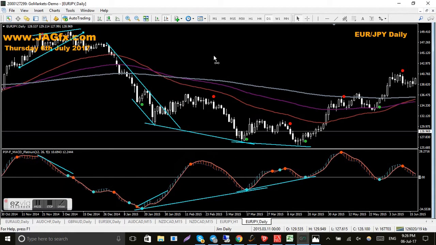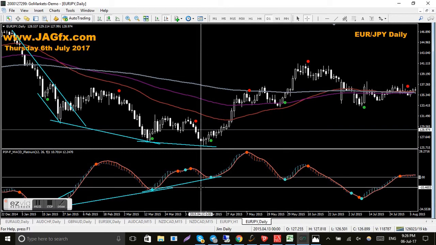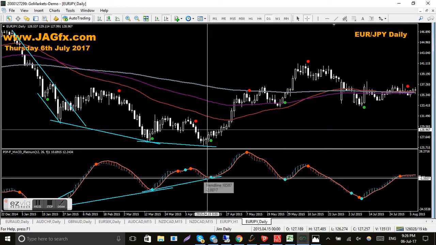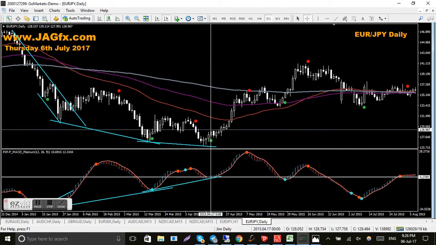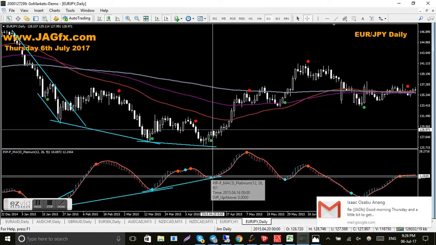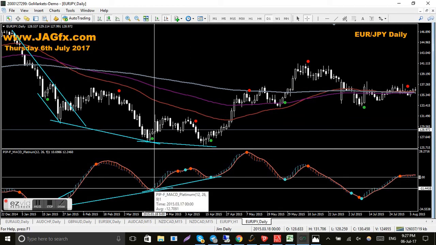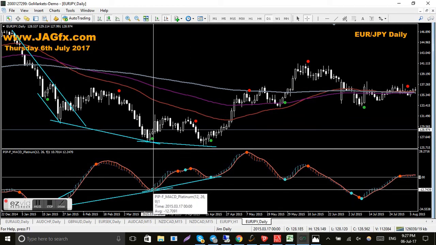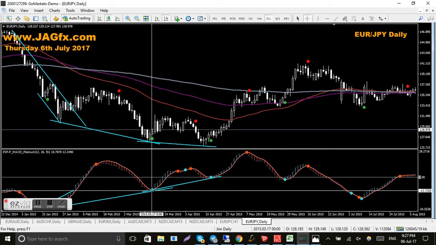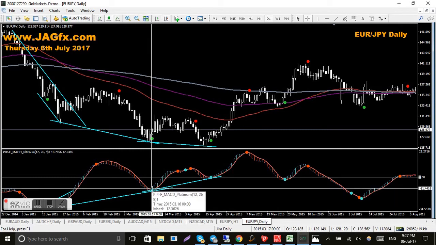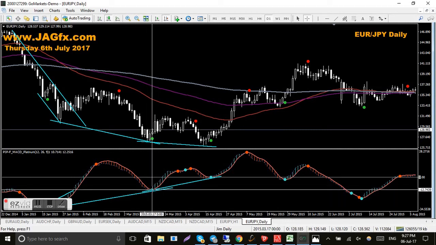The only problem is you have to be careful because price is already at the zero level. But like I say in the book, as long as one of your MACD Platinum points starts on the correct side of zero, it doesn't have to be the beginning or the end, as long as one of them is on the right side of zero, and this one is, so that's a valid buy signal there. Take the buy there.